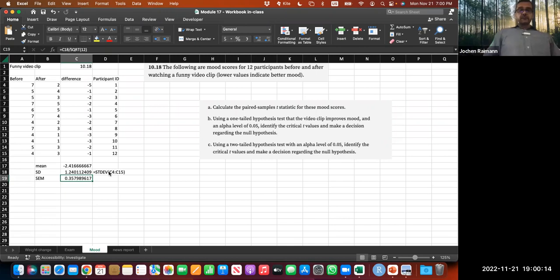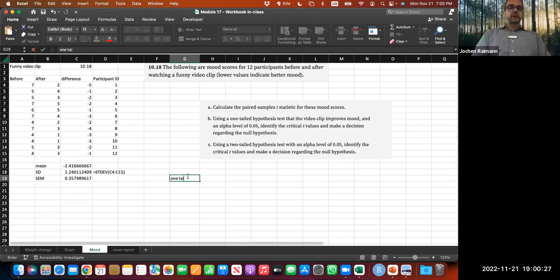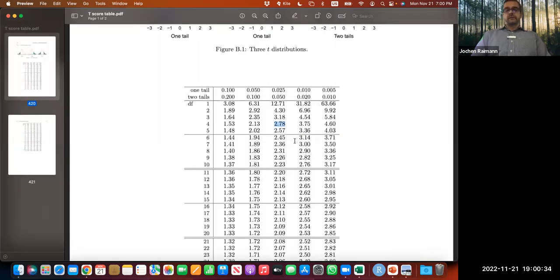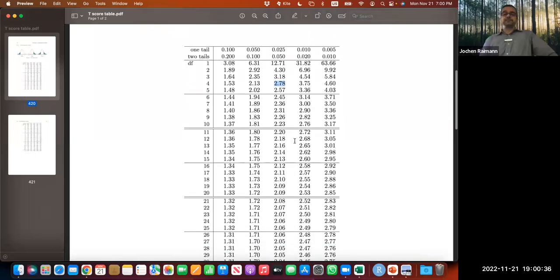Once we have the standard error of the mean, and that's what I would do first, we calculate a one-tailed and a two-tailed critical t-value. This is the distinction that's important. We have a sample size of 12, and 12 minus 1 is 11 degrees of freedom.